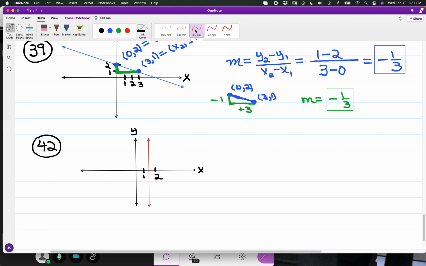And you can assign points in case you have like 1.5 or 3 halves. Let's see, we have 3 halves, 2. We'll let this be x1, y1. Now we can say we have 3 halves, 0, will be the second set of x and y values.